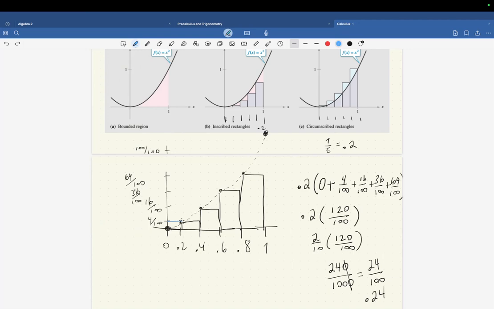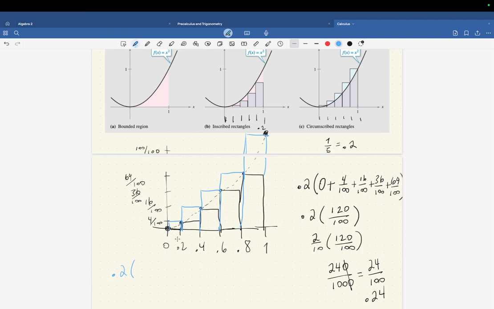Okay. If we're using the other side, now I have 5 rectangles that have area. And so again, we're going to do 0.2 times the area of each of these.